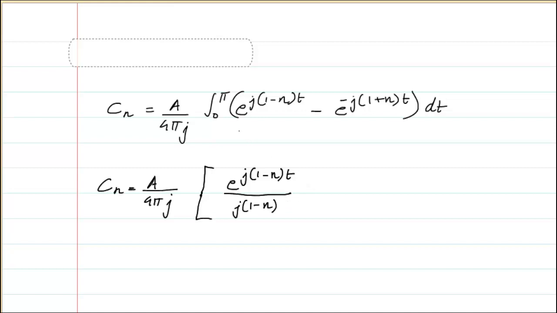That is the integration of the first term, whereas the integration of the second term is minus e raised to power minus j times 1 plus n, t, divided by minus j times 1 plus n.